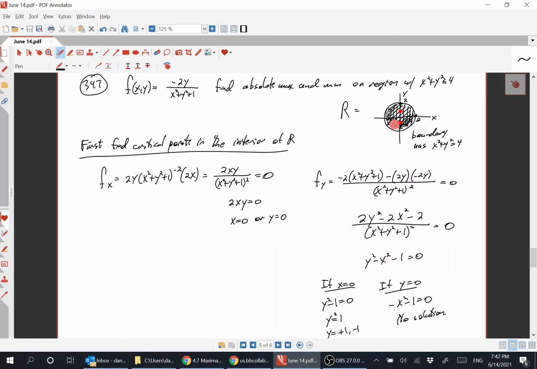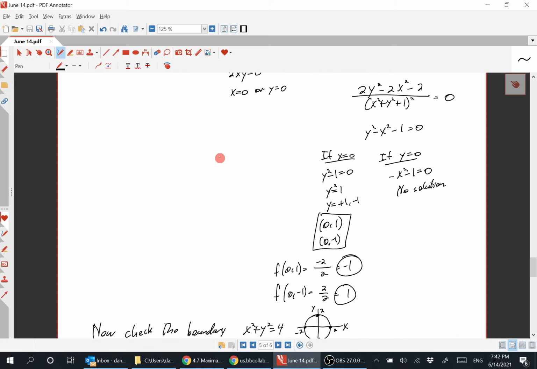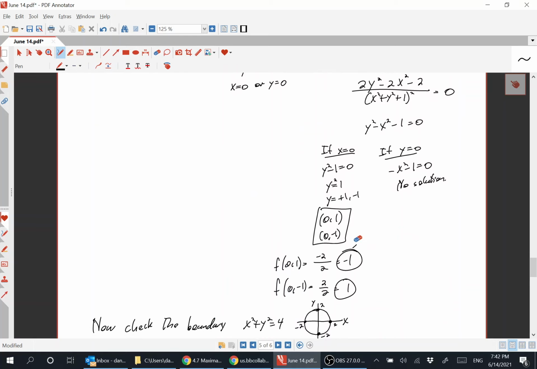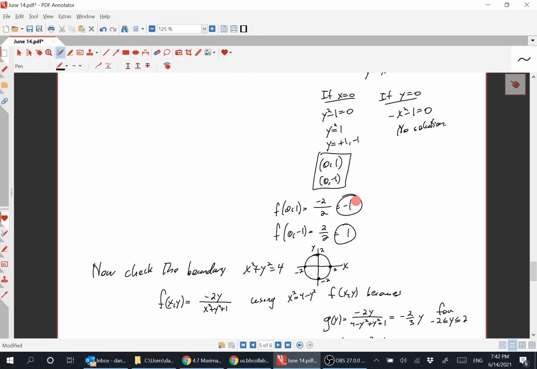Check which critical points are actually inside of that, right? And then plug those critical points into your function and see what you get.